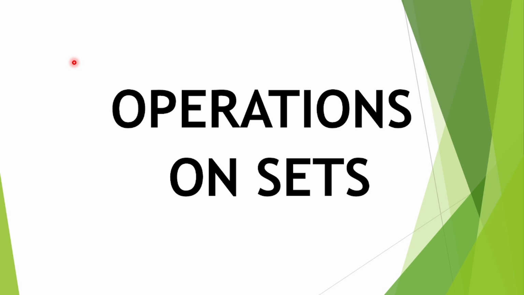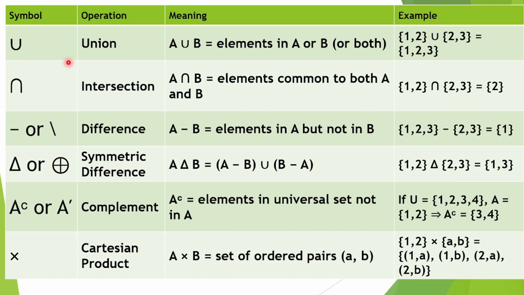In today's video we will discuss operations on sets. So here in the chart, there are six different types of operation, which are union, intersection, difference, symmetric difference, complement, and Cartesian product.